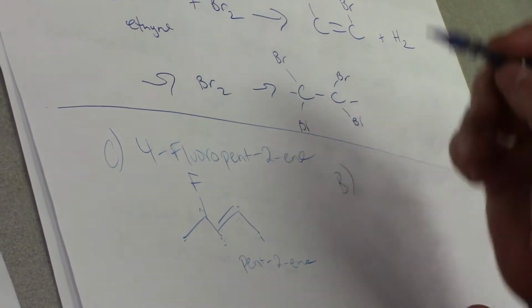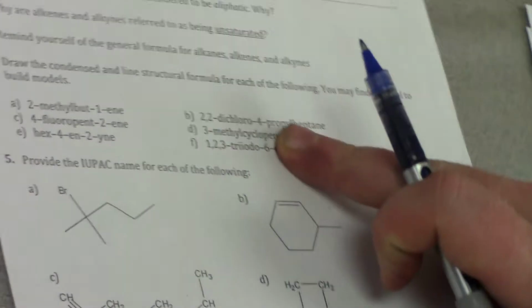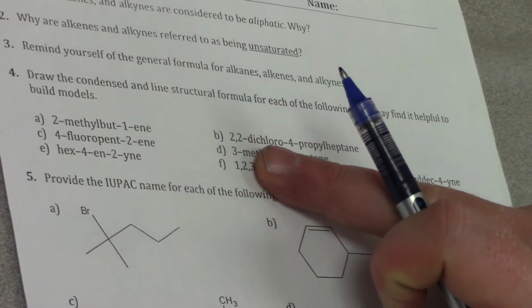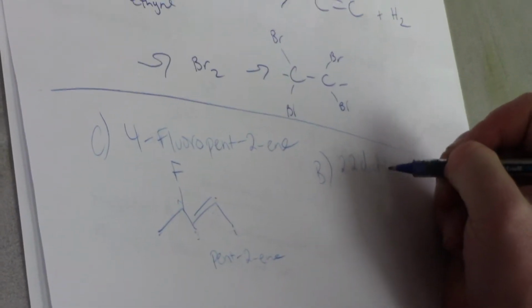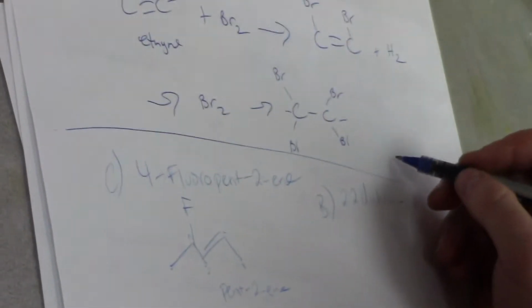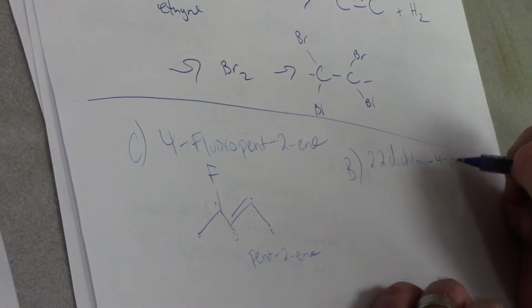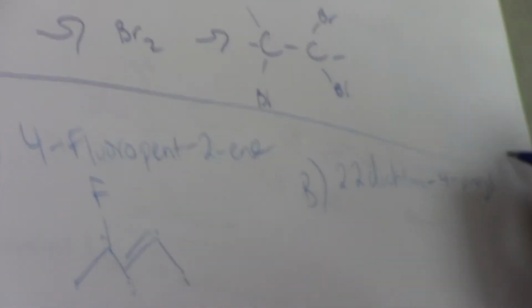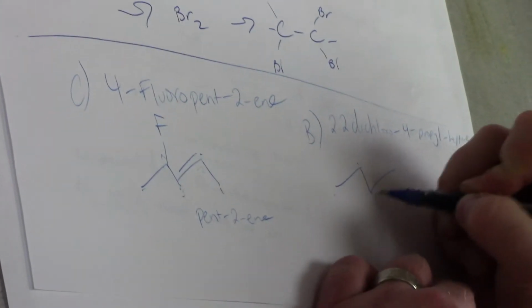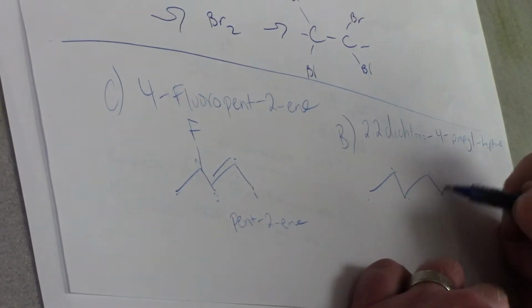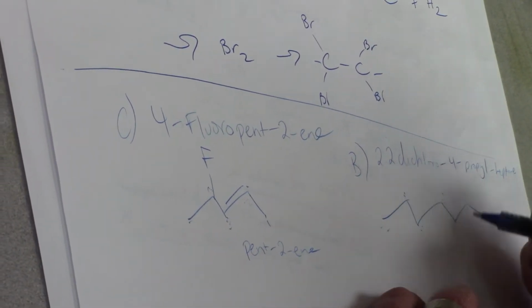B's a bit more tricky. This has a side branch and it also has halogens on it. So this is 2,2-dichloro-4-propylheptane. All right, so here's the molecule. 1, 2, 3, 4, 1, 2, 3, 4, 5, 6, 7.